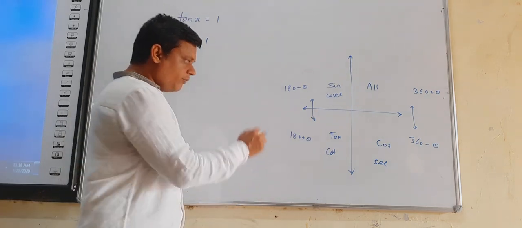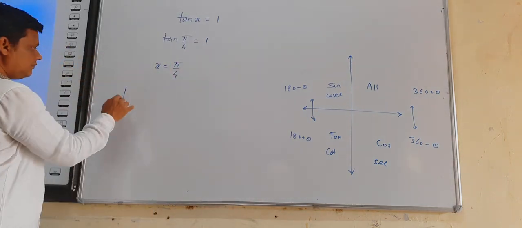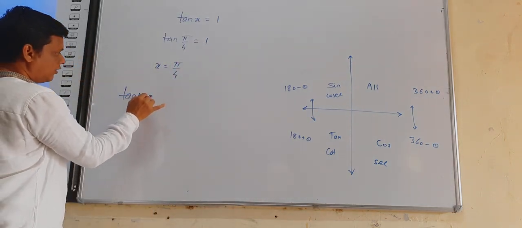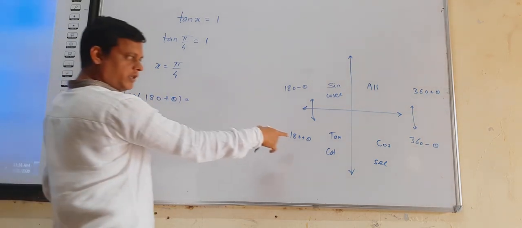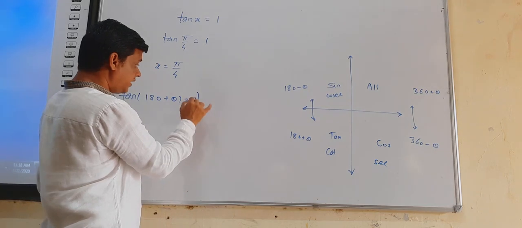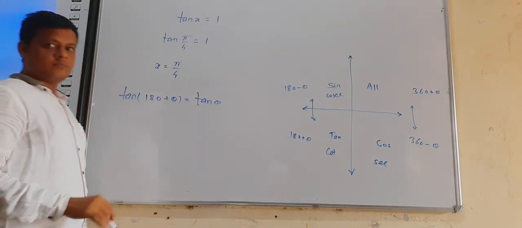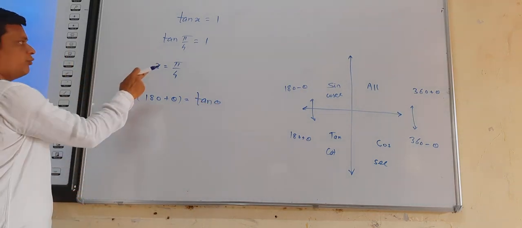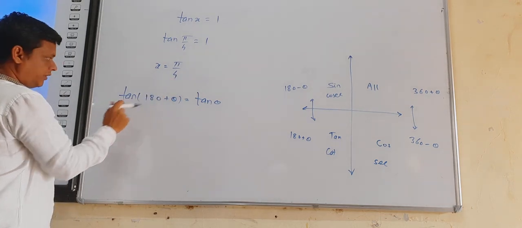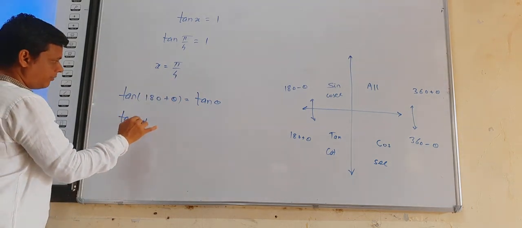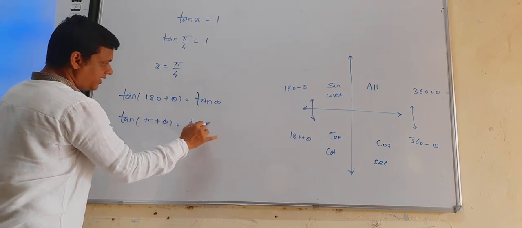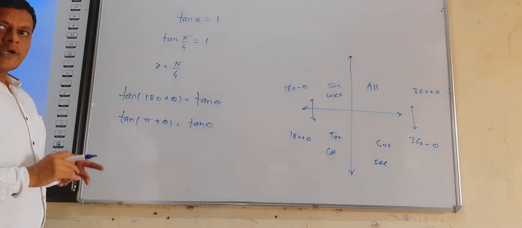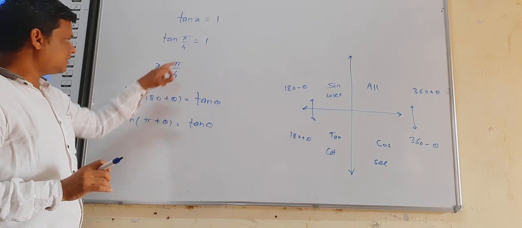So we know the formula, tan (180 plus theta) equals, in this quadrant tan is positive, tan theta. So if we write it in radian form, we write this formula as tan (pi plus theta) equals tan theta.